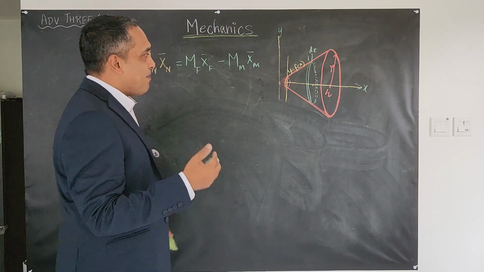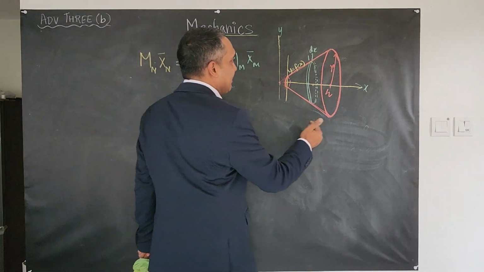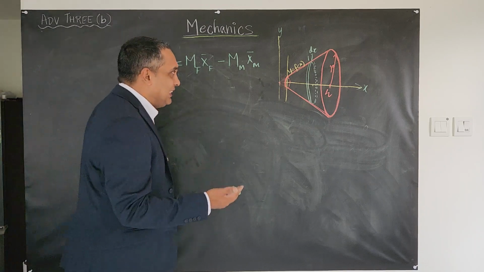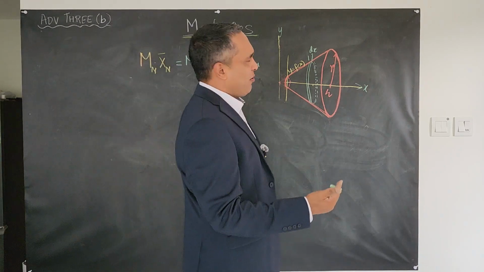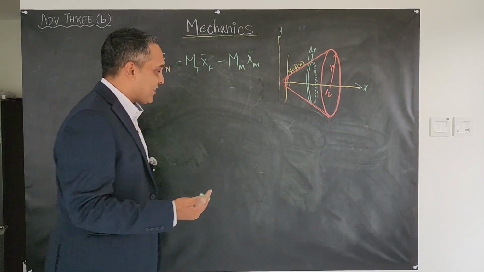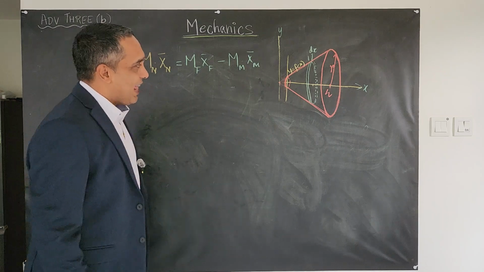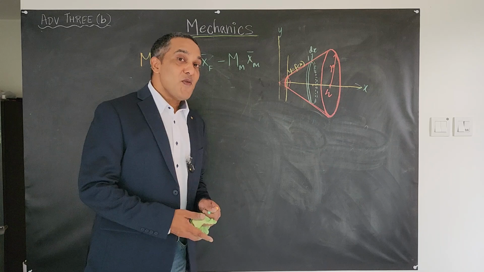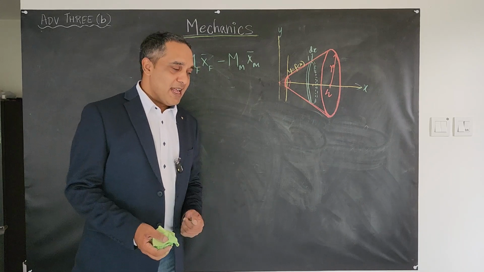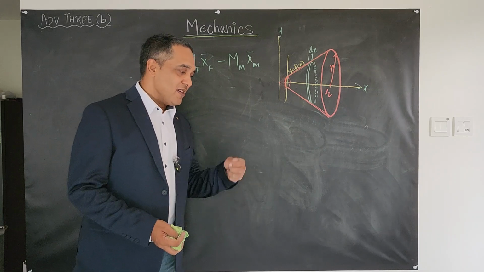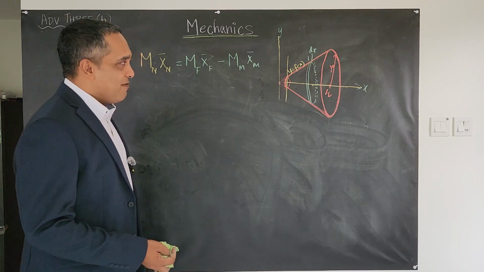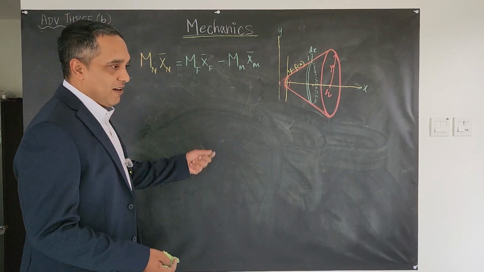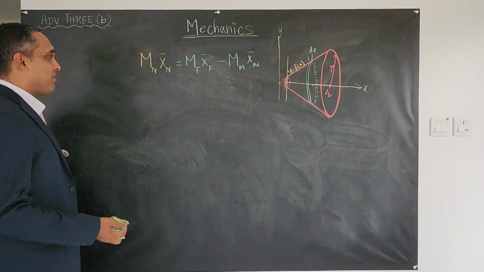If you attempt to do these algebraically a few times, you'll be at ease doing the algebra. Calculus. Not the algebra, you'll be at ease doing the calculus, because there are exam problems I have seen where they'll ask you to prove the formula that the center of mass of a cone, a right circular cone of height h and base radius r, is equal to 12 by 7 pi r square h, for example.